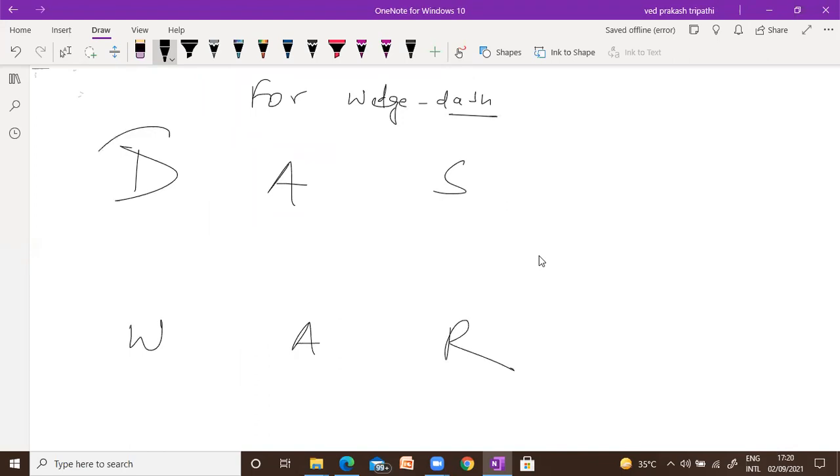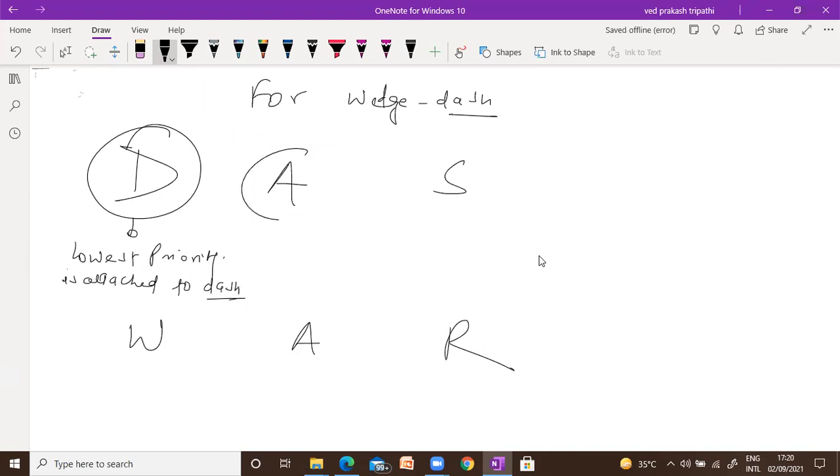D is for lowest dash, meaning when your lowest priority is attached to dash. A stands for anti-clock, and S is your configuration. W means lowest wedge.